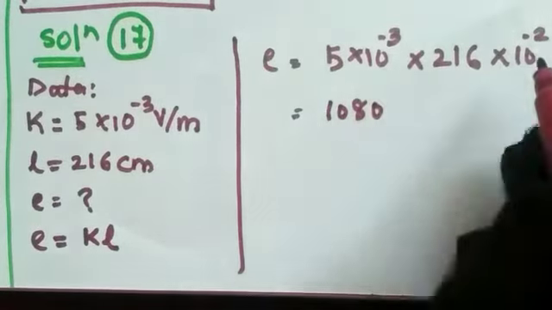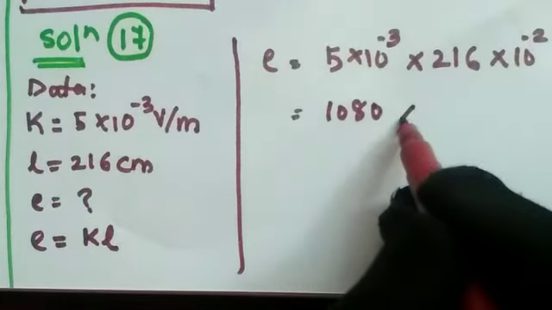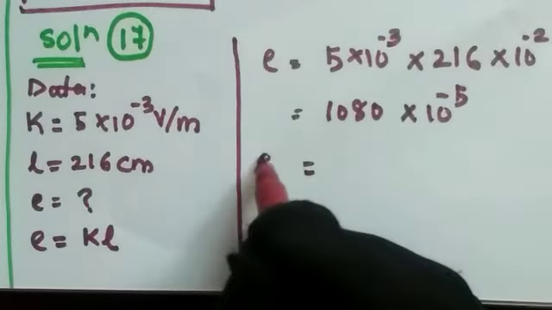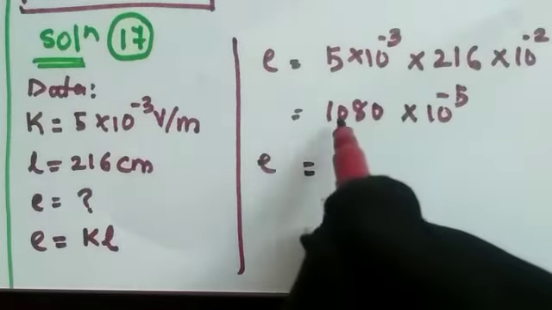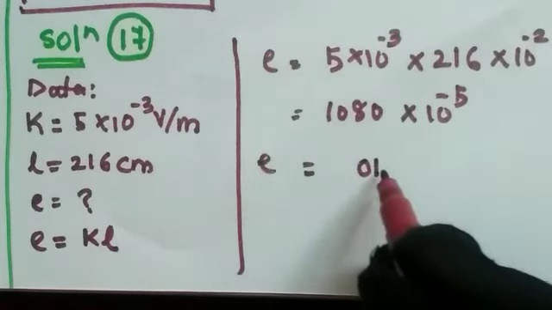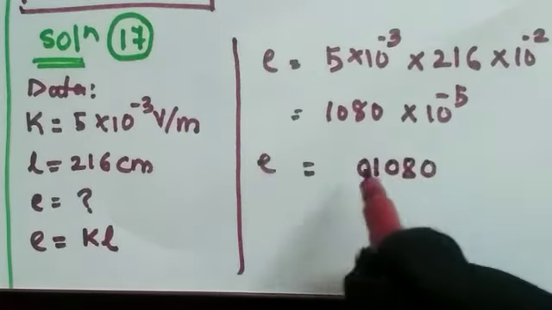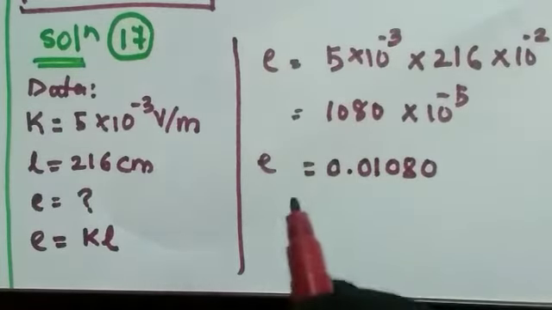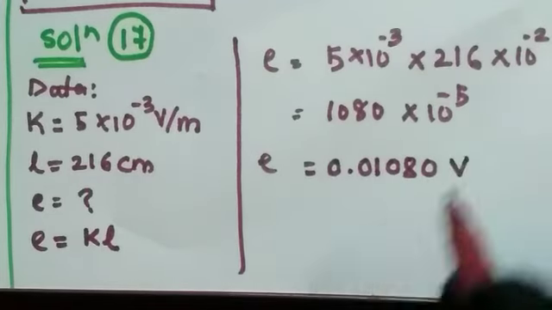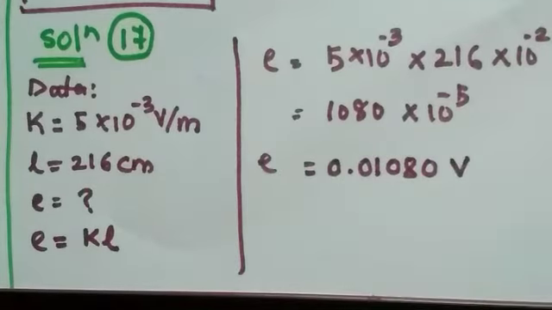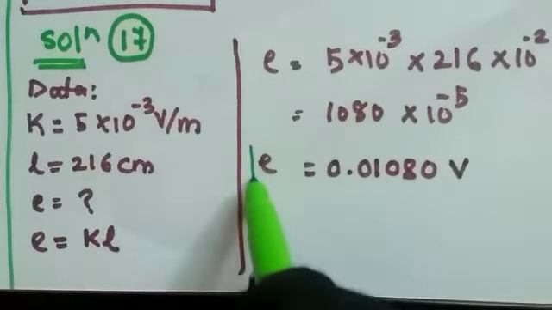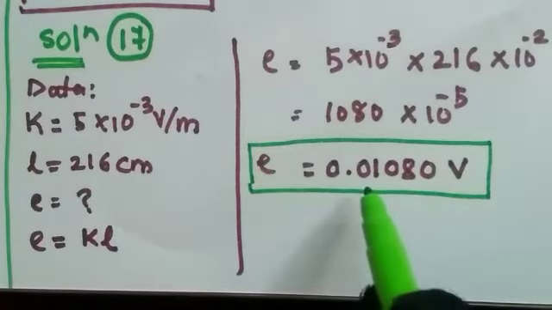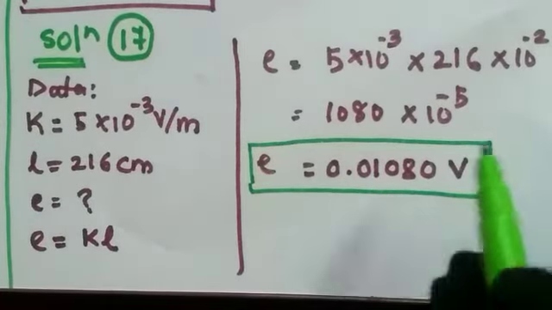Then 10 raised to minus 3 into 10 raised to minus 2 will be 10 raised to minus 5. So 10 raised to minus 5 means moving the decimal 1 2 3 4 5 places, that is 0.01080. So this will be the EMF, as it is an EMF, so it will be in volt. So this is the final answer of numerical number 17, that is 0.01080 volt is the EMF.